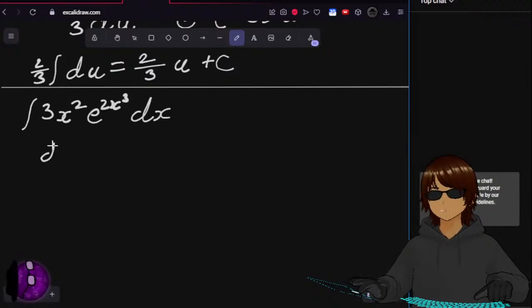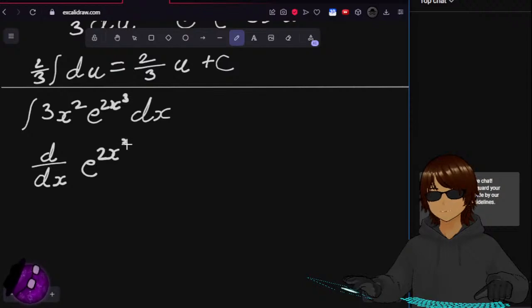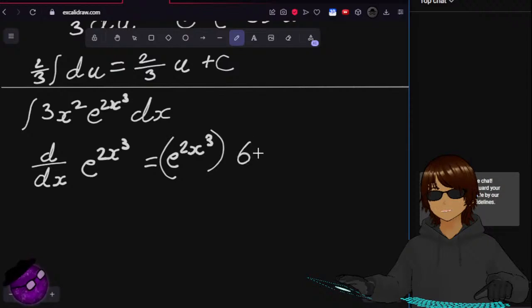If I differentiate e to the power of 2x cubed, with respect to 2x cubed it doesn't change. Now differentiating 2x cubed with respect to x, I get 3 times 2, which is 6x squared.